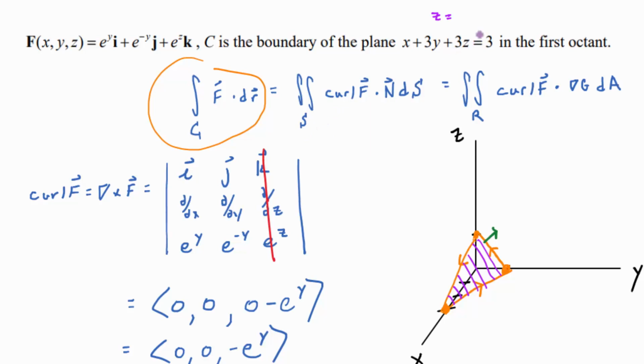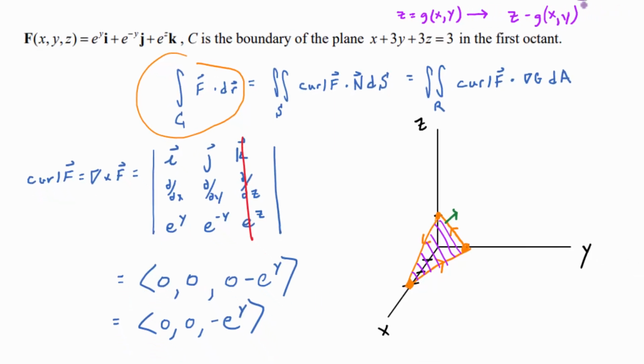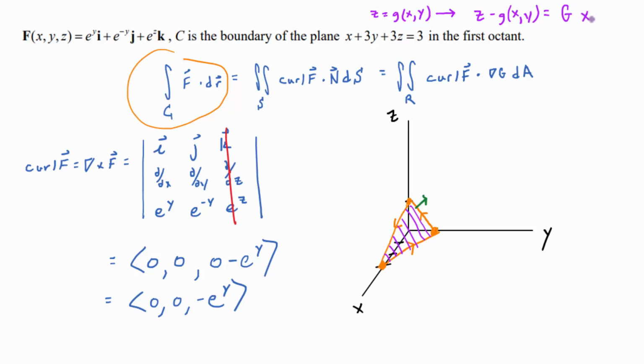that we integrate over in a surface integral, we think of that as given by z equals lowercase g of x, y. And then we get what we call uppercase G of x, y, z by, if we want the upward orientation, we subtract g of x, y. And we set that equal to 0.